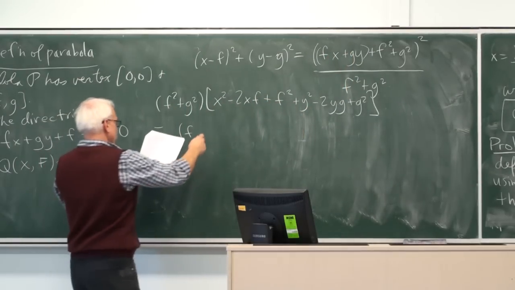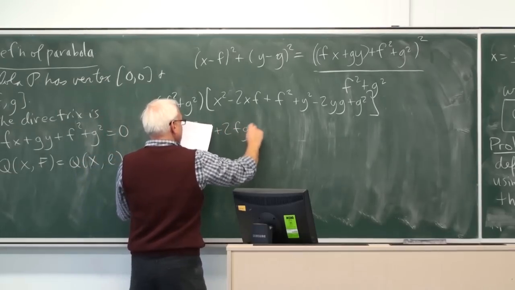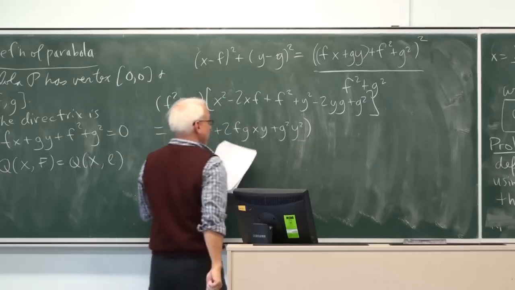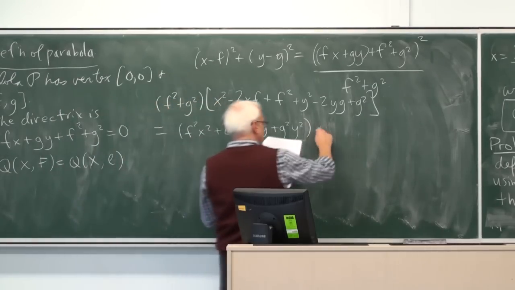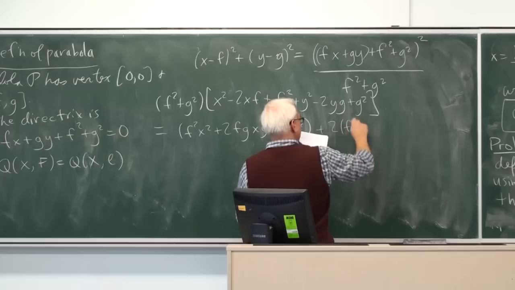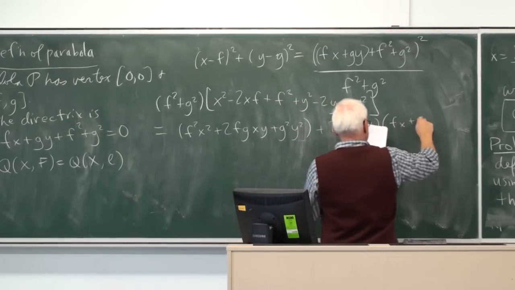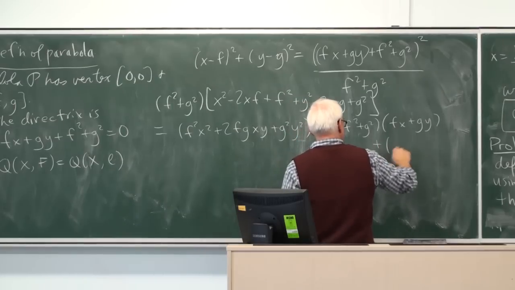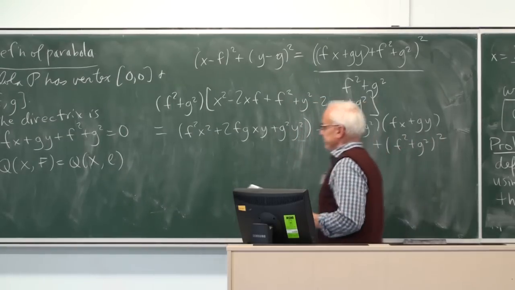The square of the first term is f squared x squared plus 2fg xy plus g squared y squared. Twice the product will be 2 times f squared plus g squared times fx plus gy. And then finally the last term squared, f squared plus g squared, squared.